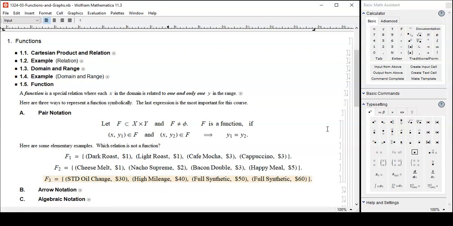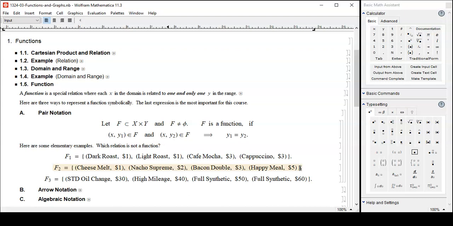Salad oil change $30, high mileage oil change $40, full synthetic $50, full synthetic $60. Now which is not a function? Well, each menu item has a price tag, but a unique price tag. So it's okay, it's a function.